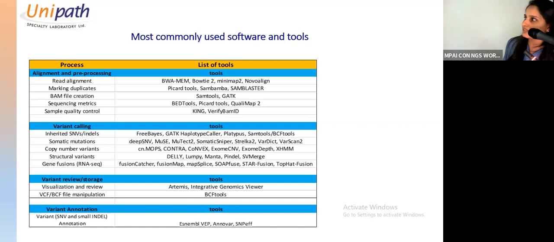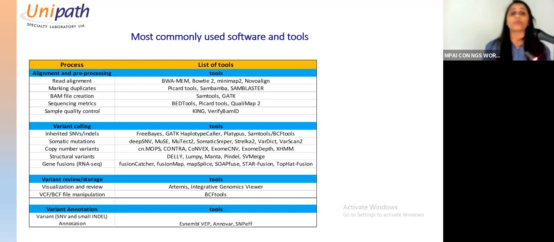Then, whether you want to join, the main tools work on a different basis, right? So these are the tools which are used for that. Next, copy number variants.